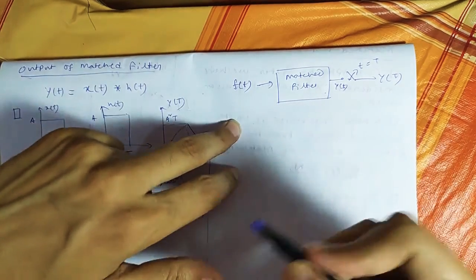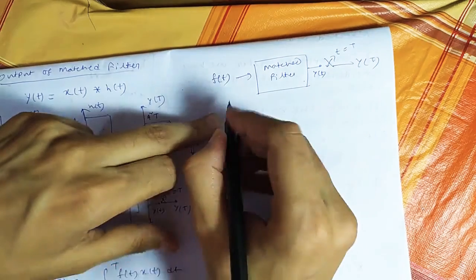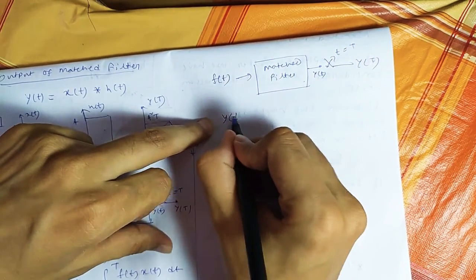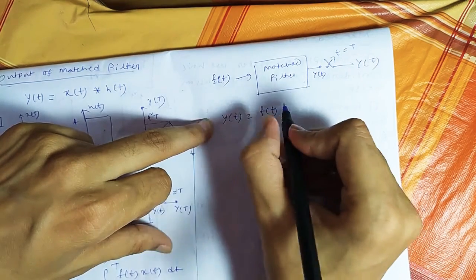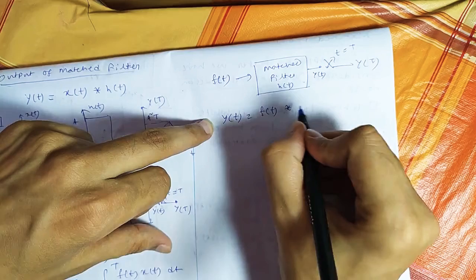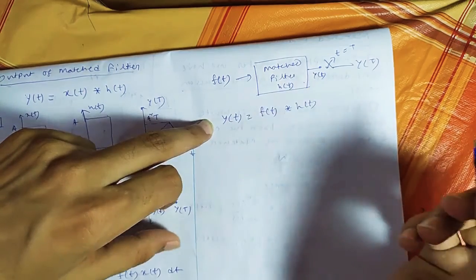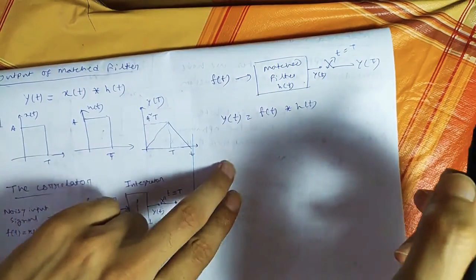So we'll do the same process for the matched filter and see what the response will be. y(t) is the convolution of the input noisy signal f(t) and the filter response h(t).